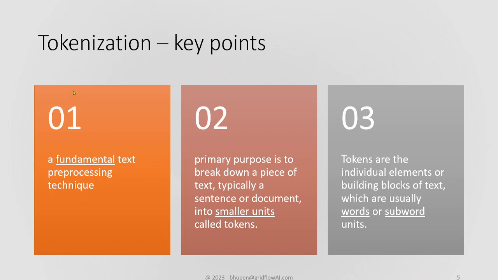Some key points on tokenization: this is quite fundamental. In fact, it is the first step of pre-processing, and it is characterized by a variety of methods for converting the input text into smaller tokens or smaller units, based on words or subword formation.